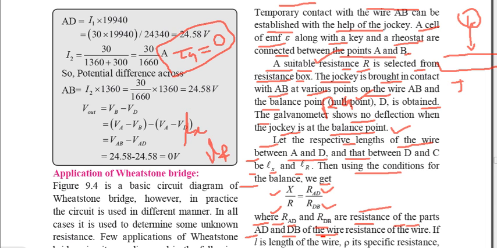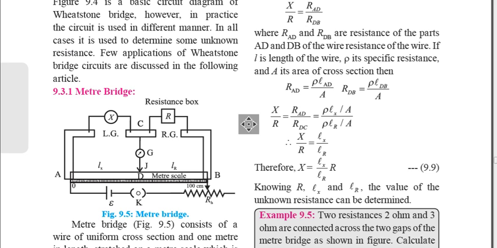If L is the length of the wire, rho is the specific resistance of that wire, and the area of cross section is denoted by A, then we can write RAD, that is point A to D, and RDB, that is point D to B of the meter scale wire.